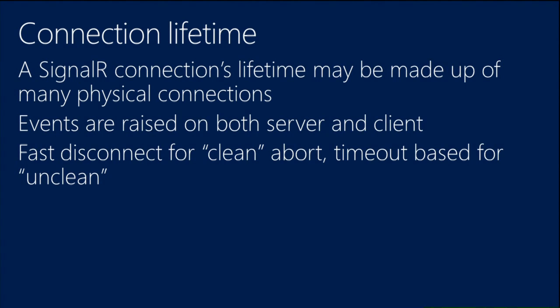There's no physical connection that exists. It's only a logical connection between a client and a server. So anytime an event gets raised, for example, you close the browser, it's got a clean teardown of the request. So there'll be events that will get raised on the client side and the server side that the browser got closed. So you can handle these events and do something with it.